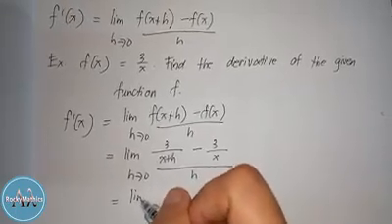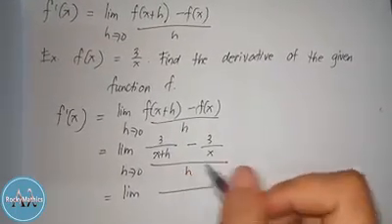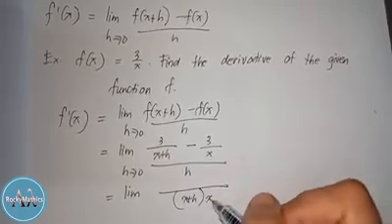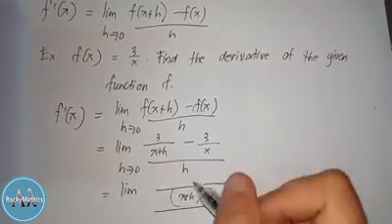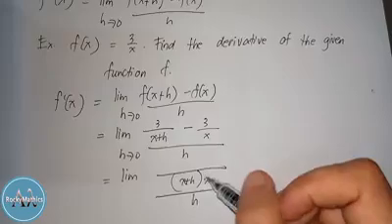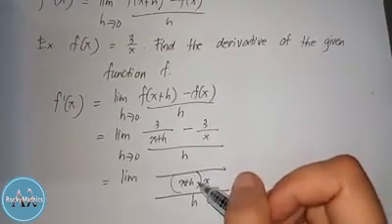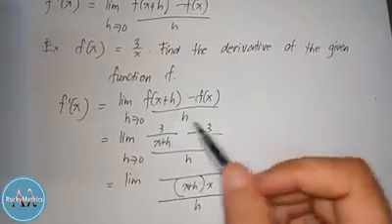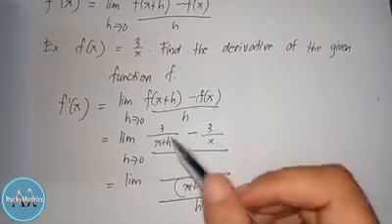So this becomes LCD x plus h times x. Do not forget that there is h here. So now perform the operation of finding the difference between these two expressions.